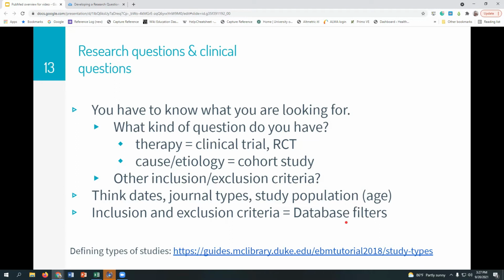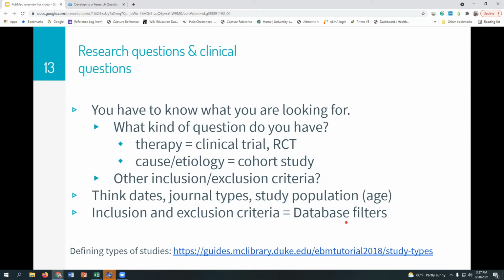So we're talking about therapy, we're talking about treating COPD. So that translates to a clinical trial or an RCT. If this question was more concerned with the cause or the etiology of COPD, then we might be looking for a cohort study instead.